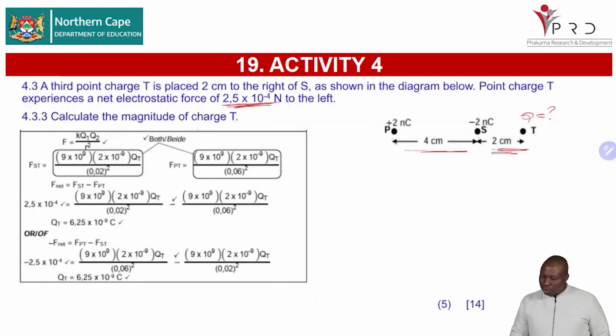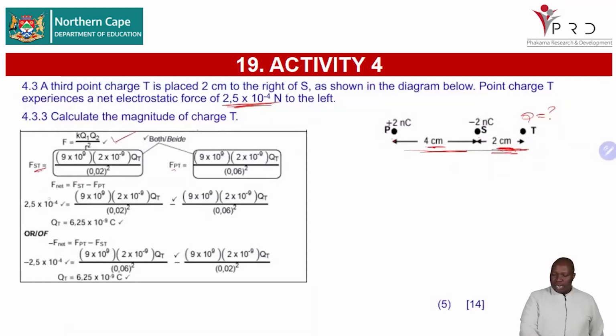The second force is between P and T. Remember, we have these 2 charges, and T is experiencing forces due to these 2 charges. So the force PT and the force ST. Don't forget, for ST, we are having 2 centimeters. You divide by 100, you get 0.02. For PT, you are having 0.04 plus 0.02, which is 0.06. So you are able now to do your substitution. You substitute nicely there.